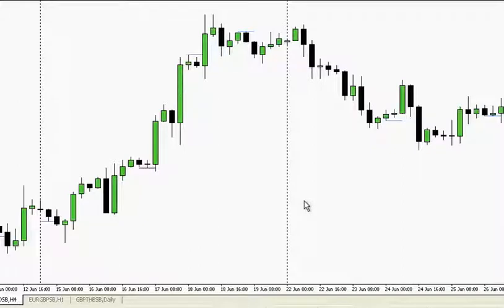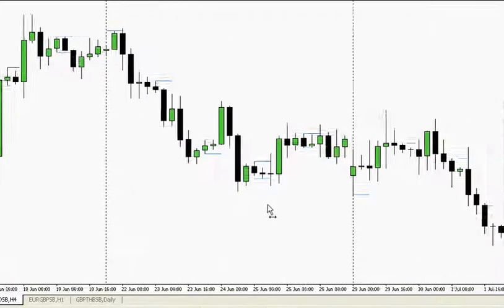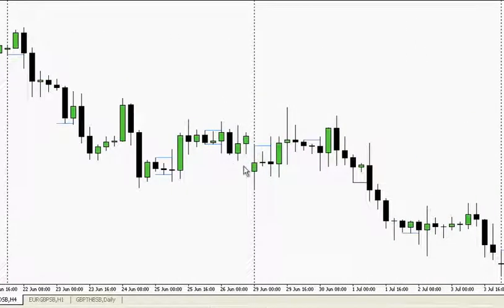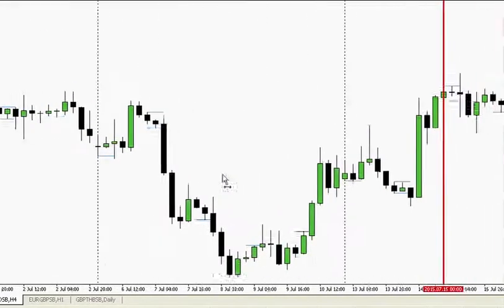One final thing I want to point out is when you do your back test, look how many of the weeks end up at the high or low of the week or thereabouts. If you see, this week we closed right up at the high of the week. This week we closed down at the low of the week. This week it's down low of the week.